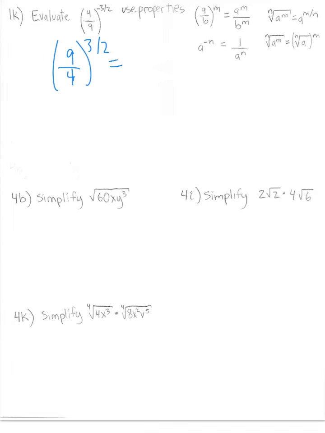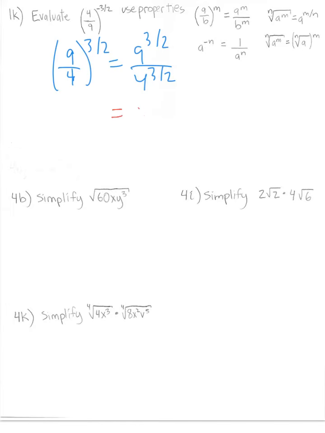So that's going to be 9 to the 3/2 power over 4 to the 3/2 power. And then I'm kind of stuck again. So I think to myself, well, those are rational or fractional exponents. I can change those to radicals, and maybe I'll be able to evaluate that.